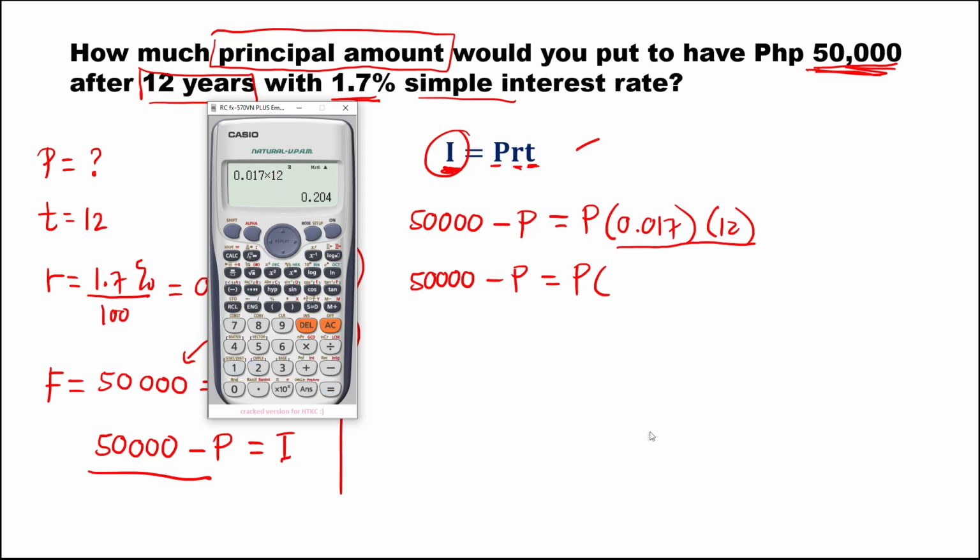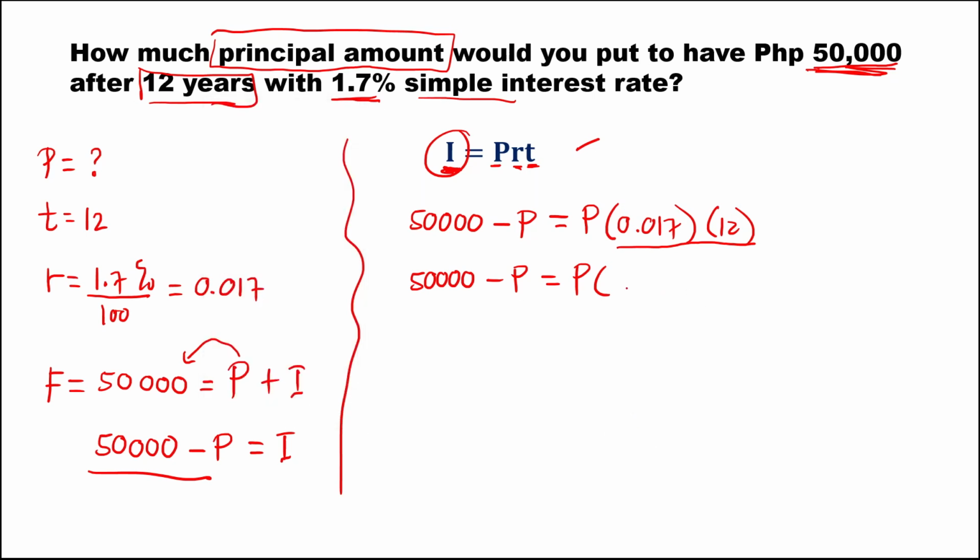So 0.017 times 12 is 0.204. Then we need to transpose this negative P to the other side.